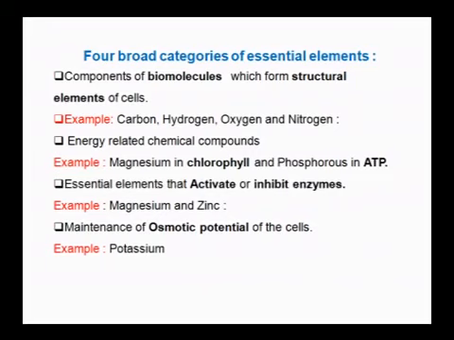Essential elements that activate or inhibit enzyme action, which control the enzyme activity, are magnesium and zinc. Maintenance of osmotic potential, that is ionic balance or salt water balance in the cell, by potassium.